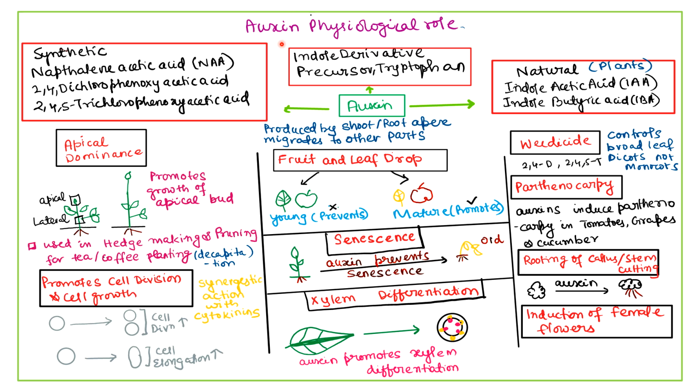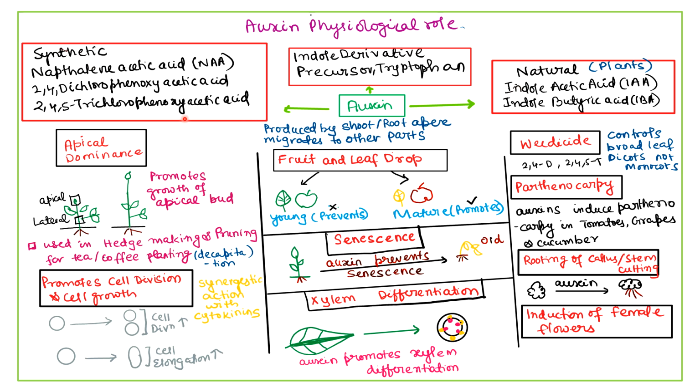Next, let's see the auxin physiological role. Now, if we see auxin, auxin is an indole derivative and the precursor for it is tryptophan. Now, the natural auxins, the example of it that is found naturally in case of the plant is indole acetic acid or IAA and indole butyric acid or IBA.